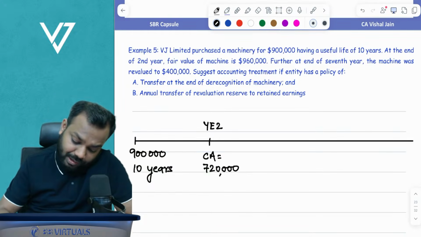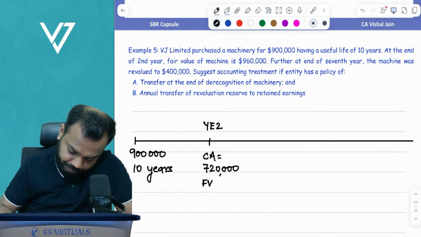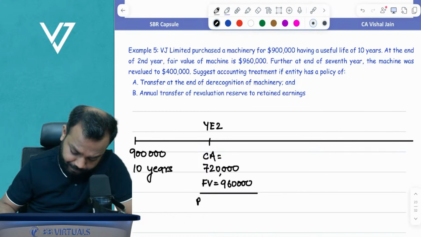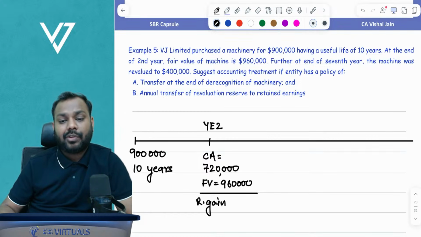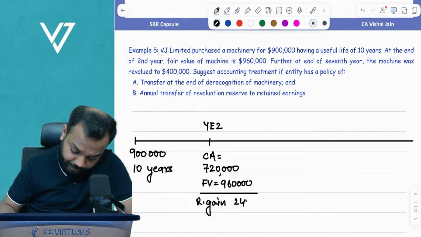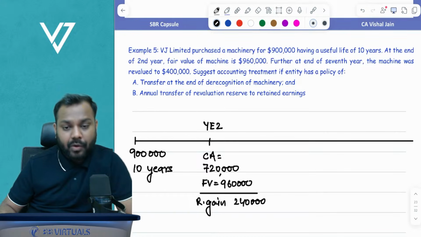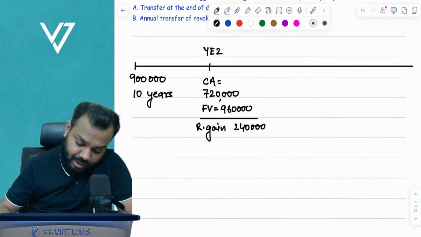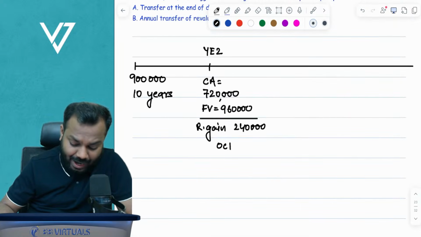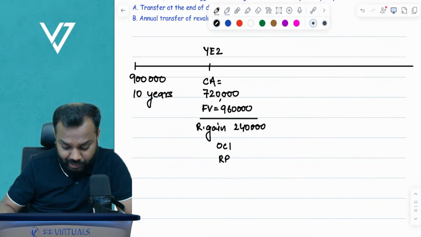Now, what is the fair value? 960,000. So what is the revaluation gain? 240,000. Where will you record this revaluation gain? Other comprehensive income. And where will you accumulate it? Revaluation reserve.